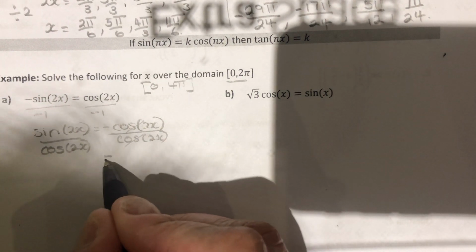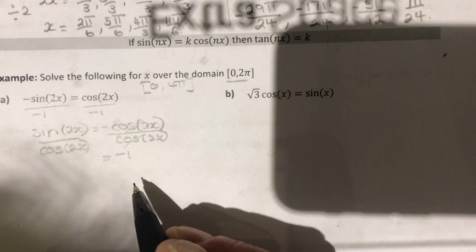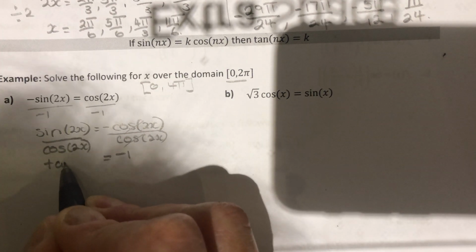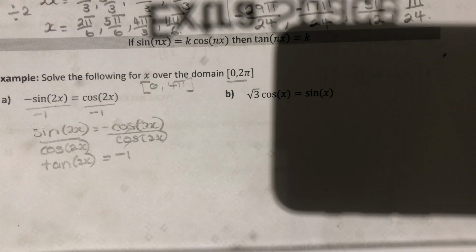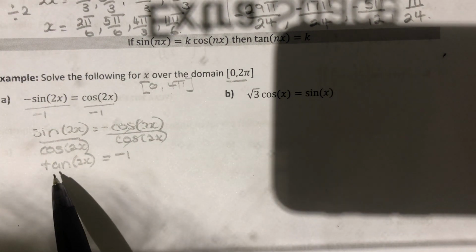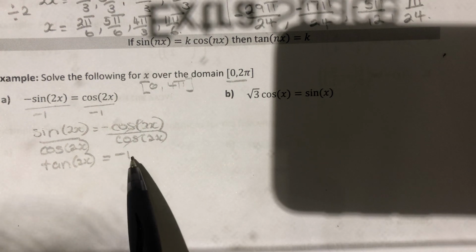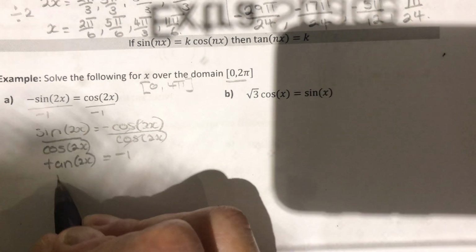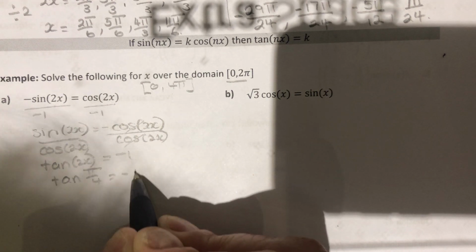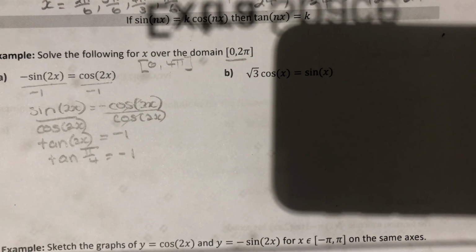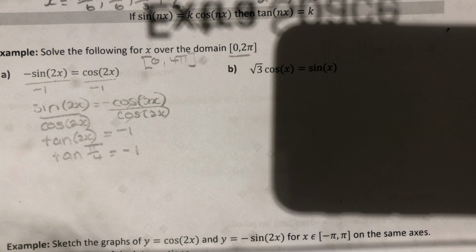So on this side now we've got -1, and hopefully you can see on this side that we've got tan of 2x. Okay, now what value of tan is going to give you -1? And the answer is tan of pi on 4 will give you -1. You can go check your table if you need to.